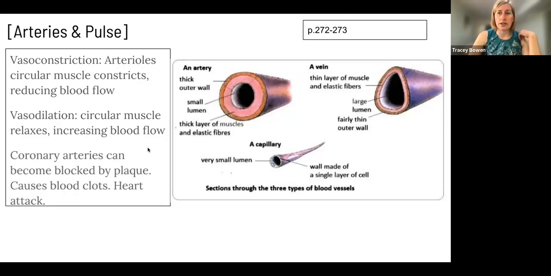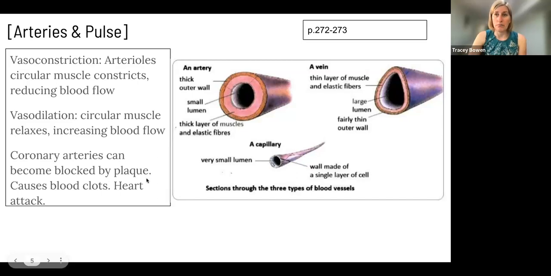Coronary arteries are the arteries in your heart muscle, and they're the ones providing oxygen to your heart. They're quite narrow, nothing like the aorta, which is, like I said, like a 5-cent coin, but much more narrow. Those can become blocked by plaque, which will cause blood clots and can lead to a heart attack.